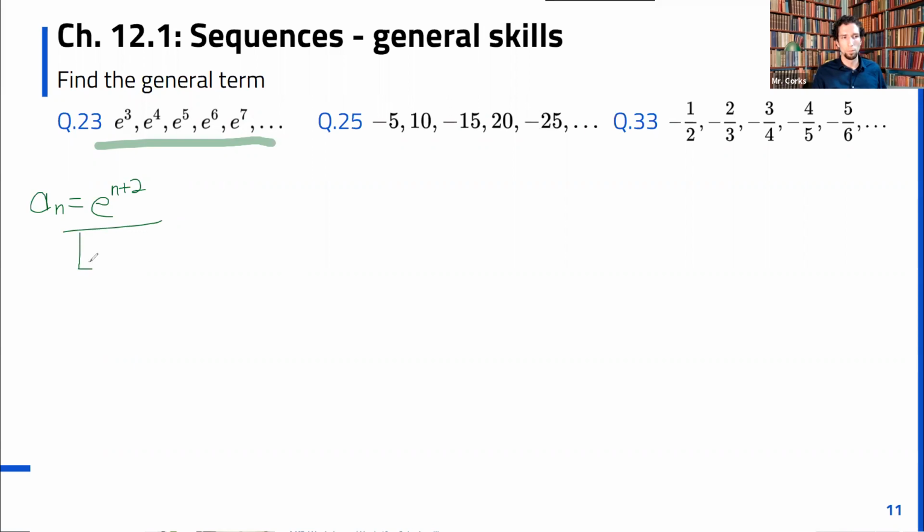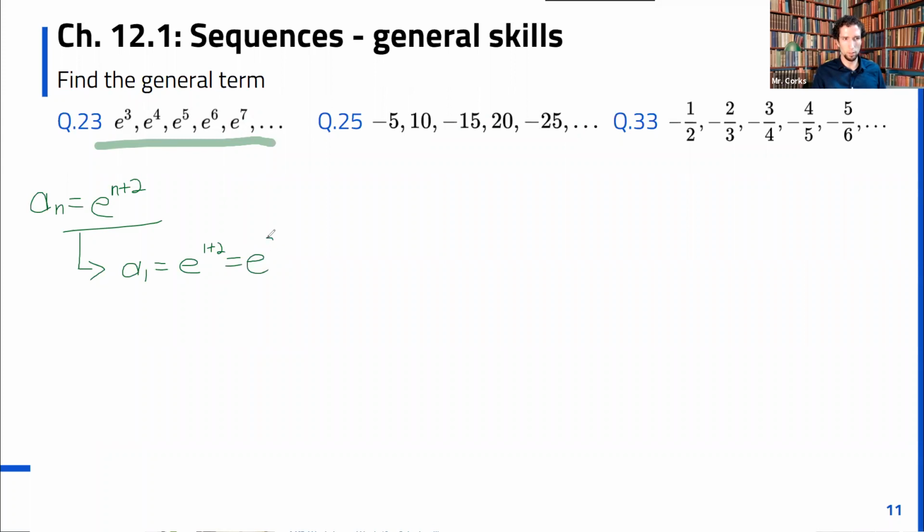Just substitute 1 through 5 into the equation. Okay, so we'll just try a few. The sequence is telling us a_1 is this, a_3 is this, a_4 is this, etc. So let's use our general term and calculate a few of those and see if we got it right or not. So a_1 would be equal to e to the exponent n plus 2, and n is 1 here, so 1 plus 2.